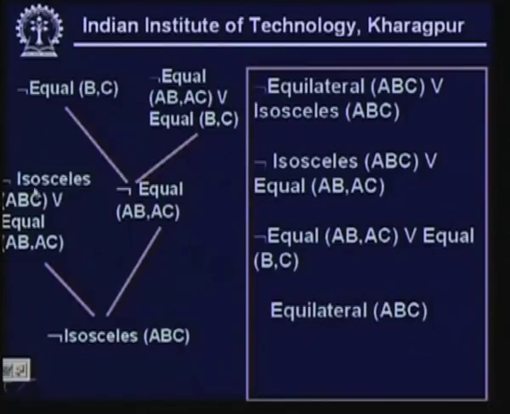If you just have a careful look, you will see this clause was actually meaning isosceles ABC implies equal ABAC. So, from that, if it is equal ABAC, then I get isosceles ABC. All right. So, you just form it in the clausal form. So, I have got the not isosceles ABC.